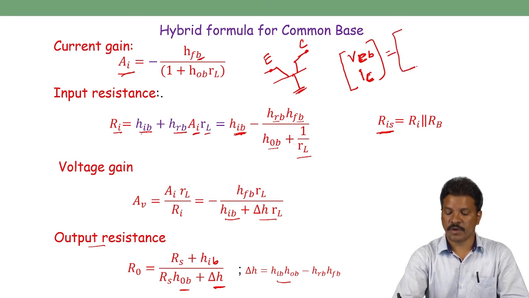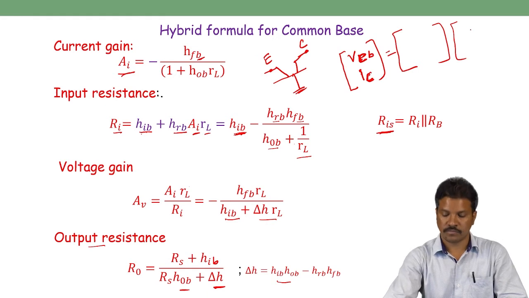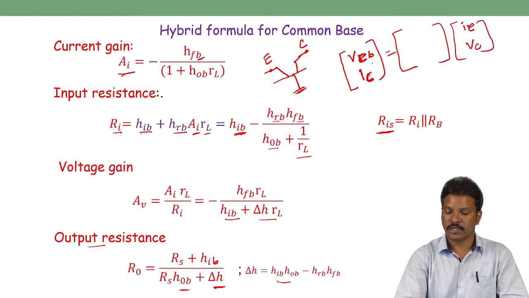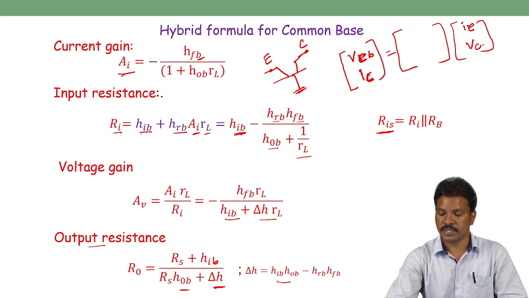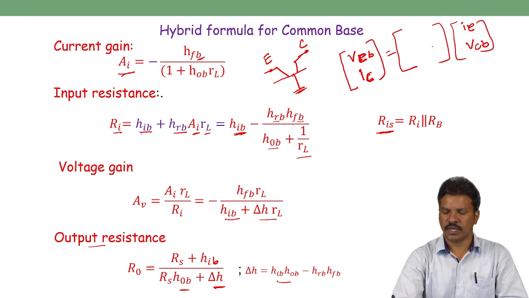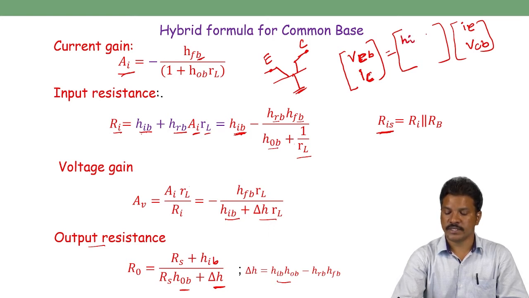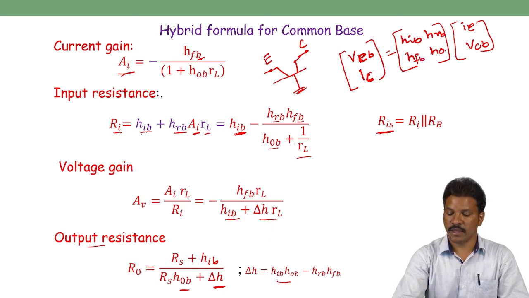In matrix form, the H parameter model can be represented with the independent variables IE and VCB. The H11, H12, H21, H22 parameters represent input impedance, reverse voltage gain, forward current gain and output admittance. In common base, these are HIB, HRB, HFB, HOB.